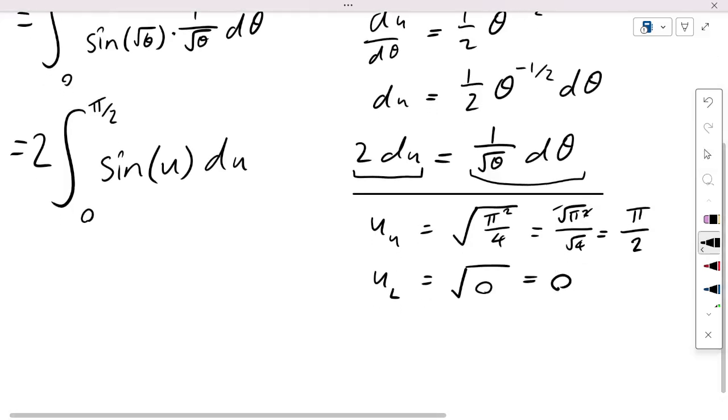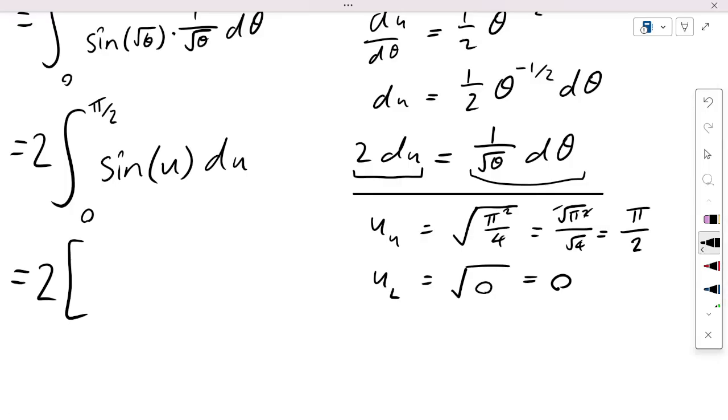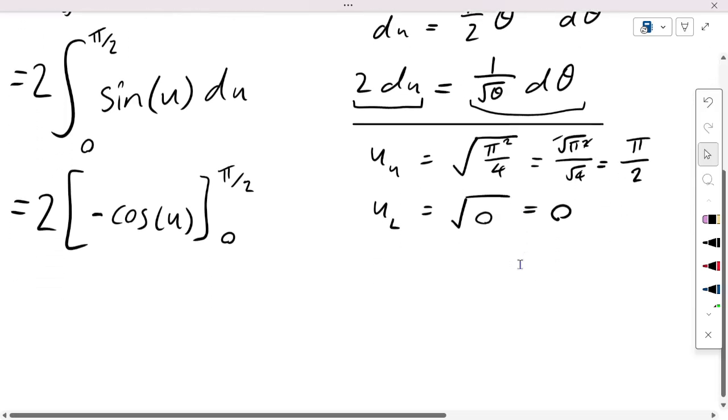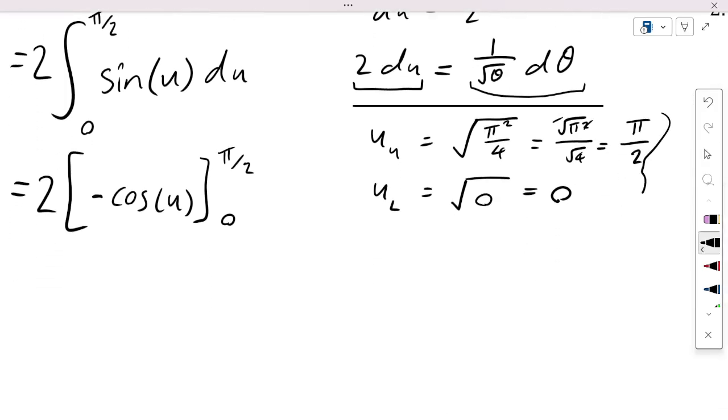So this is how we're going to integrate. It's going to be equal to 2 multiplied by our bracket over here. The integral of sine u is just going to be equal to negative cosine of u. And then our upper limit is going to be pi over 2, and our lower limit is equal to 0, which we've just assigned over here.